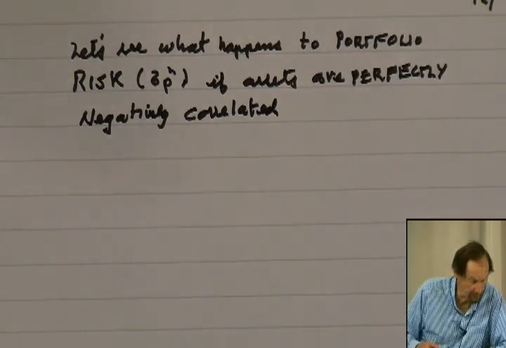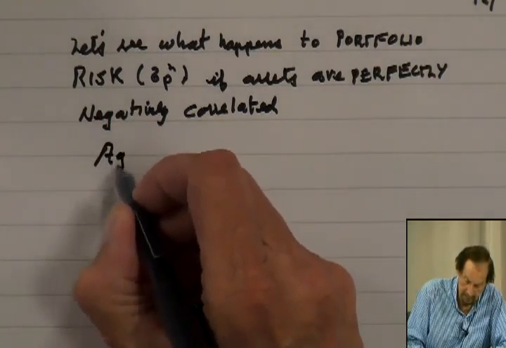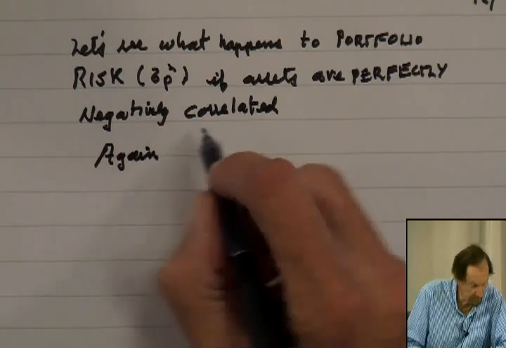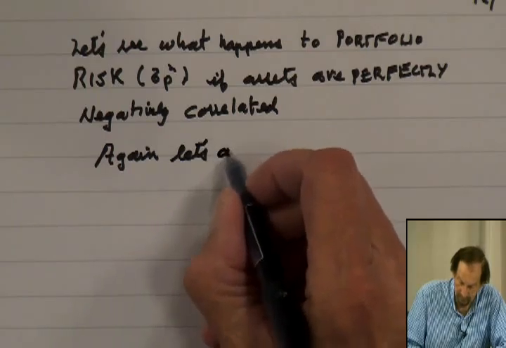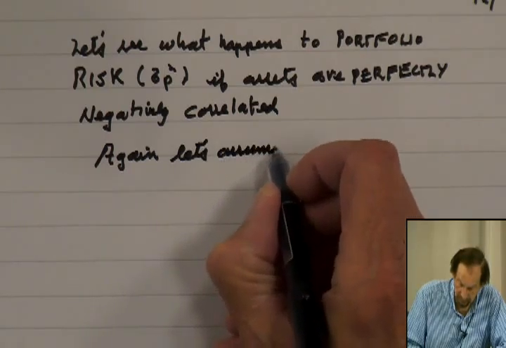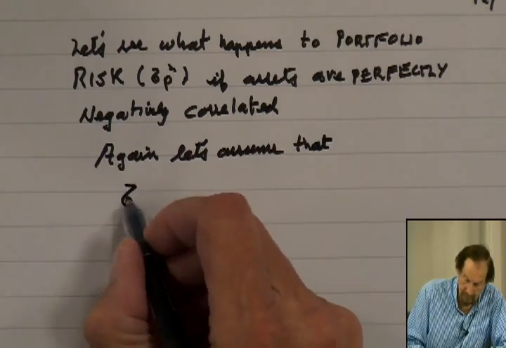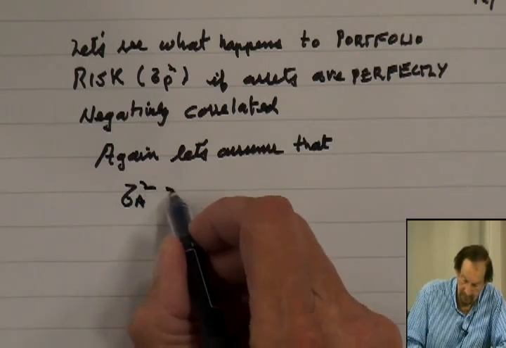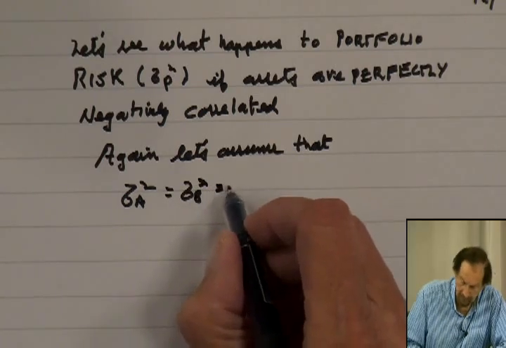Okay. Again, let's assume that sigma A squared equals sigma B squared equals 9.